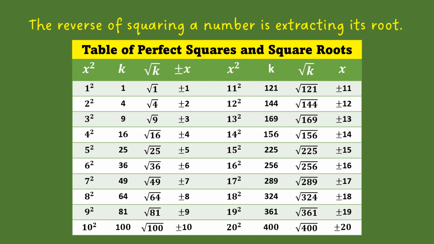Square root of 4 is equal to positive negative 2. 3 squared is equal to 9. And the square root of 9 is equal to positive negative 3. So on and so forth until 20, wherein 20 squared is equal to 400, and the square root of 400 is equal to positive negative 20.